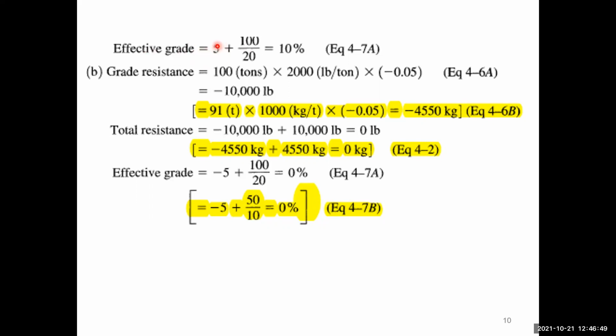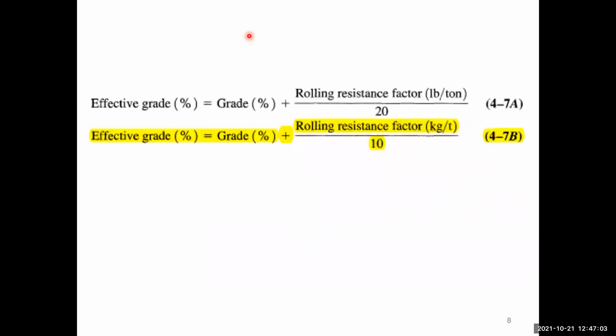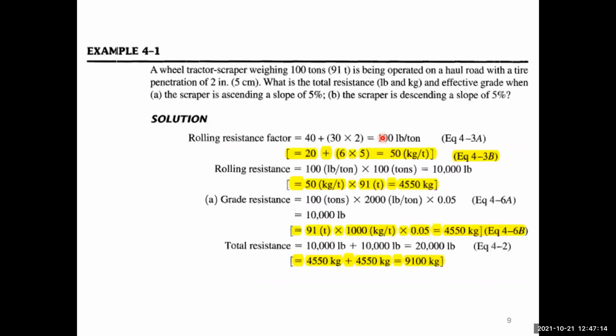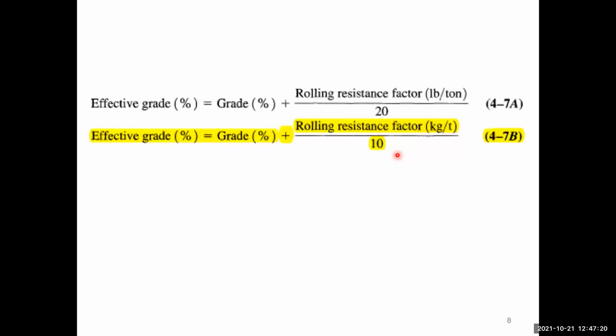Effective grade will be 5%, which is the grade from the surface, plus the rolling resistance factor divided by 10. So the formula is here: rolling resistance factor divided by 10. The rolling resistance factor was 50, divided by 10.